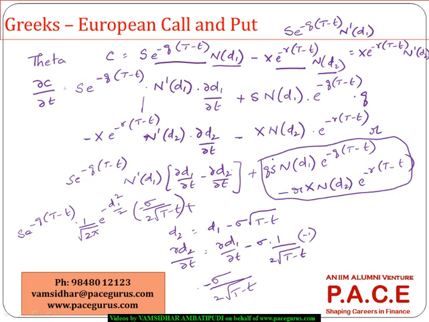That's the way we can derive the theta of a call option, and almost everything can comfortably be derived once we have this kind of orientation. The same logic we can use to derive the rho of a call option as well.